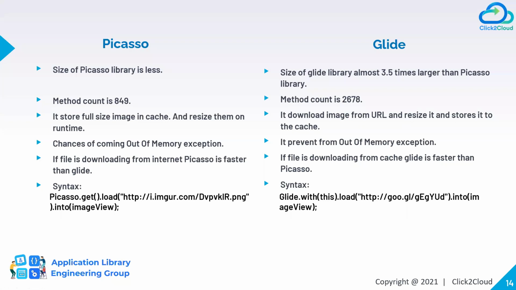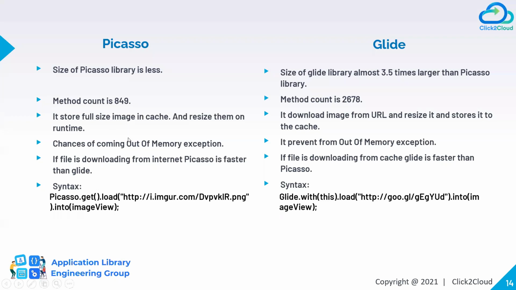And if we talk about the working algorithm of maintaining cache, Picasso stores the full size image in cache and resizes it at runtime. But if we talk about Glide, it downloads the image from the URL, resizes it and stores it in the cache.